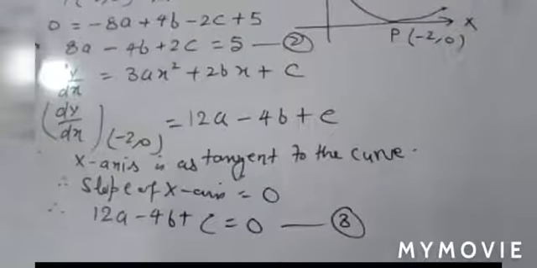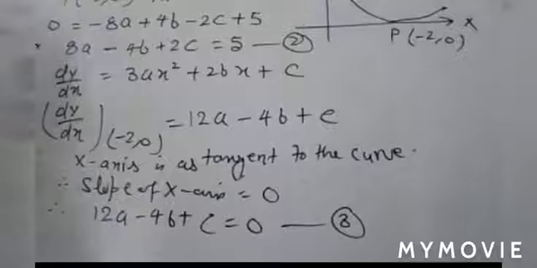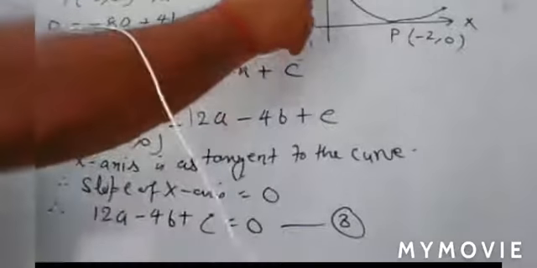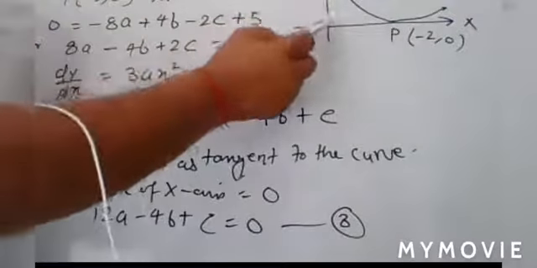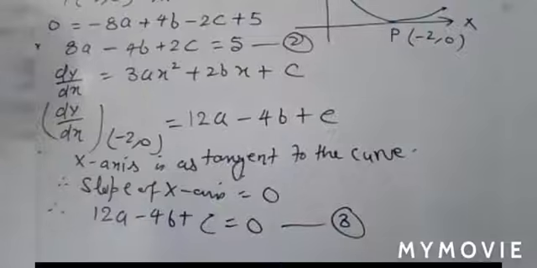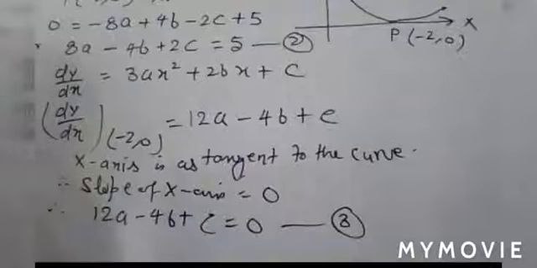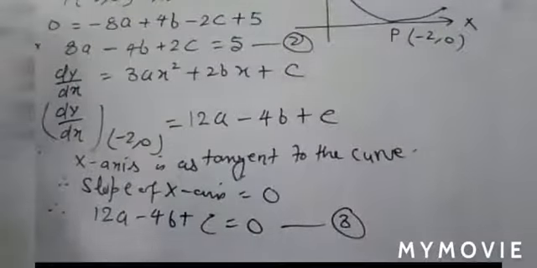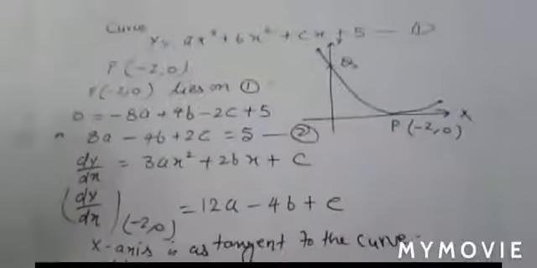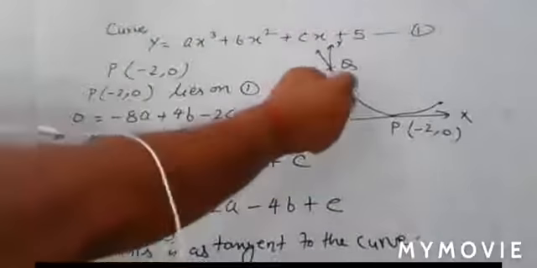Now the other situation: the curve intersects the y-axis at point Q where its slope is 3. That is given in your question. So first of all, you find the point on the curve where it cuts the y-axis.